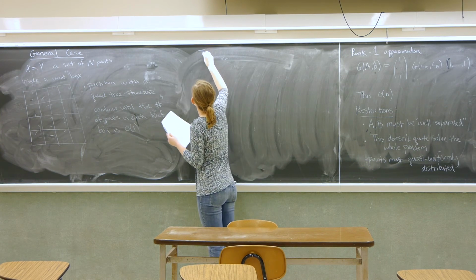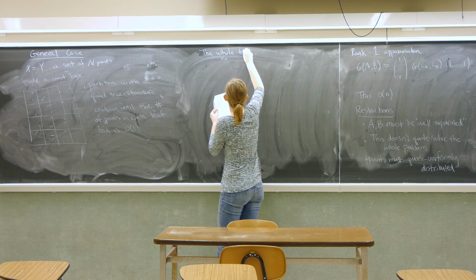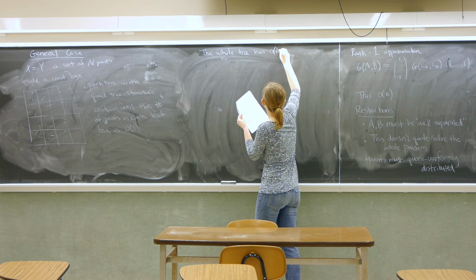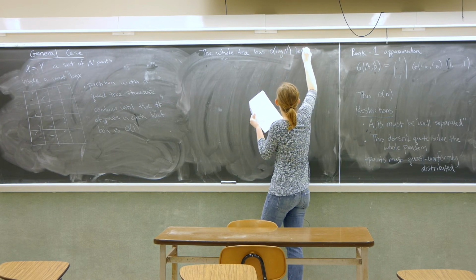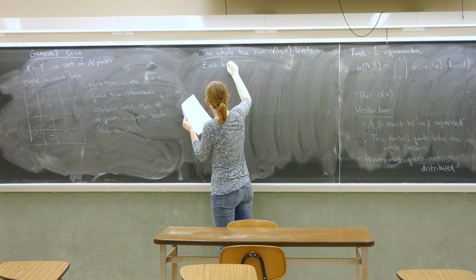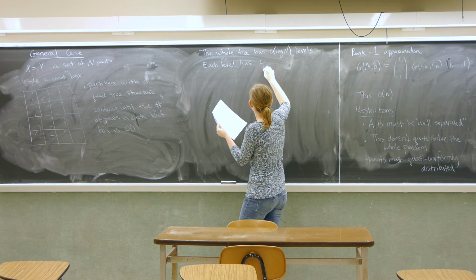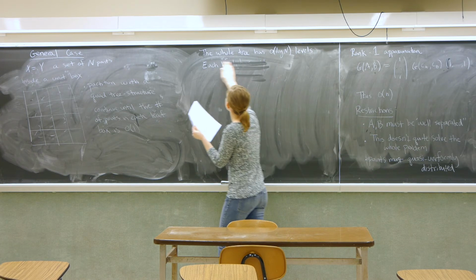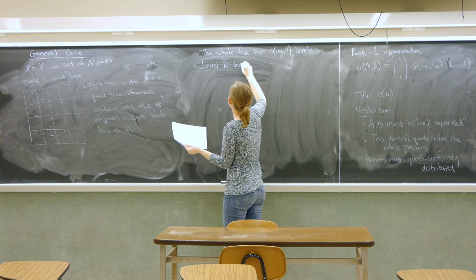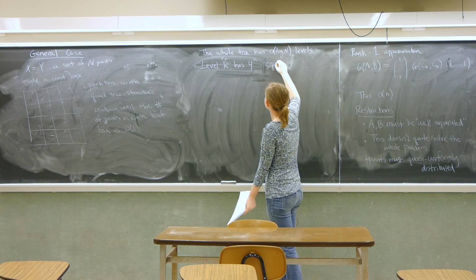The whole tree has order log n levels, and each level has, let me reword that, level k has 4 to the k squares.